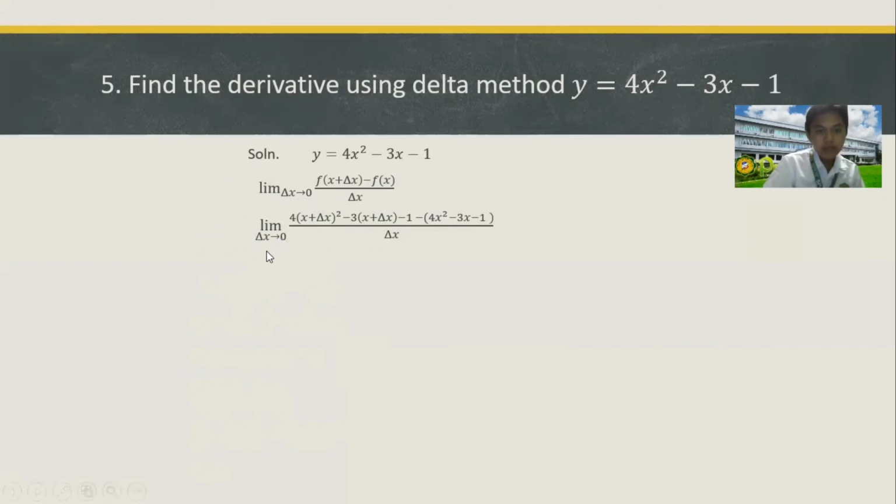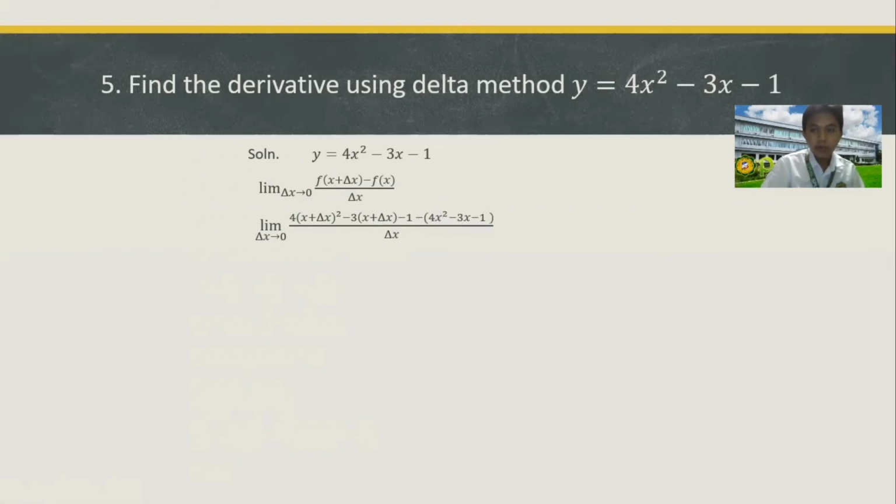So the limit as delta x approaches 0 of 4 times quantity of x plus delta x squared minus 3 times quantity of x plus delta x minus 1, and then copy the f of x, which is the y, minus quantity of 4x squared minus 3x minus 1.